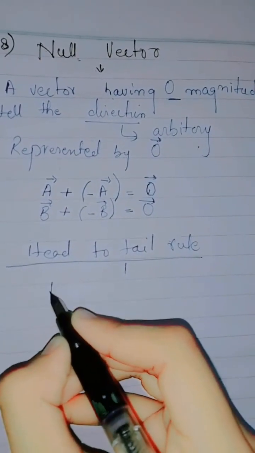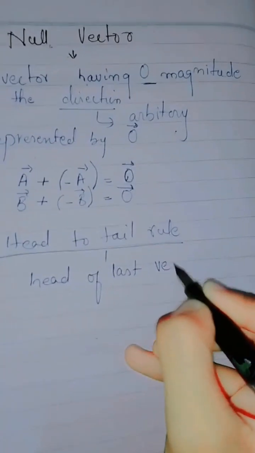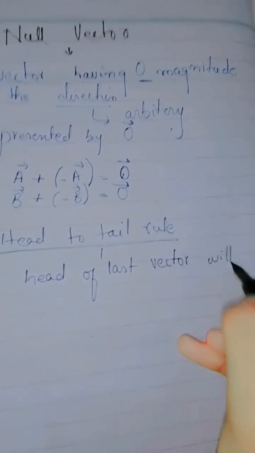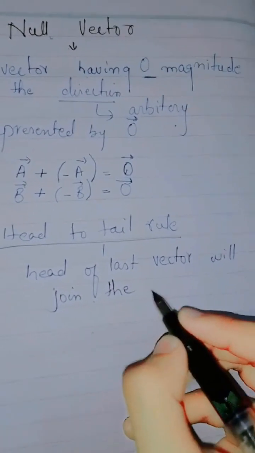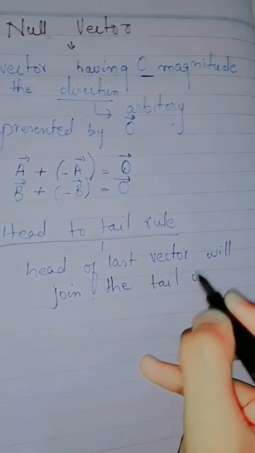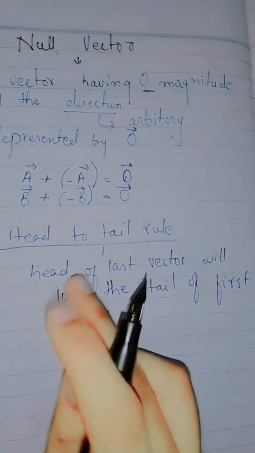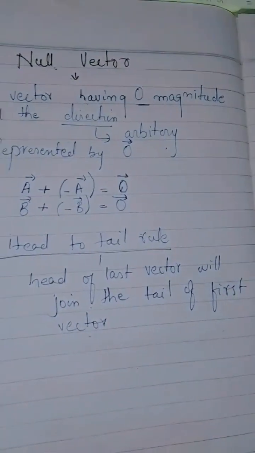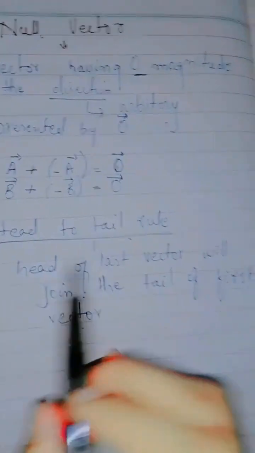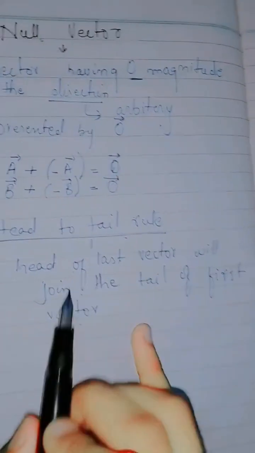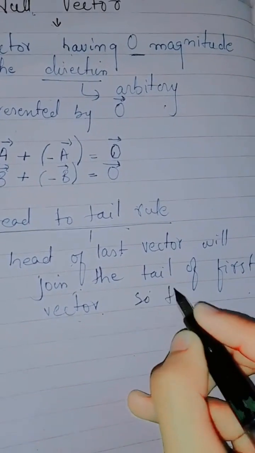The head of the last vector will join or attach with the tail of the first vector. That is the head to tail rule. So if you are adding two or more than two vectors according to the head to tail rule, that is, the head of the last vector will join or attach with the tail of the first vector, the resultant will be a null vector.